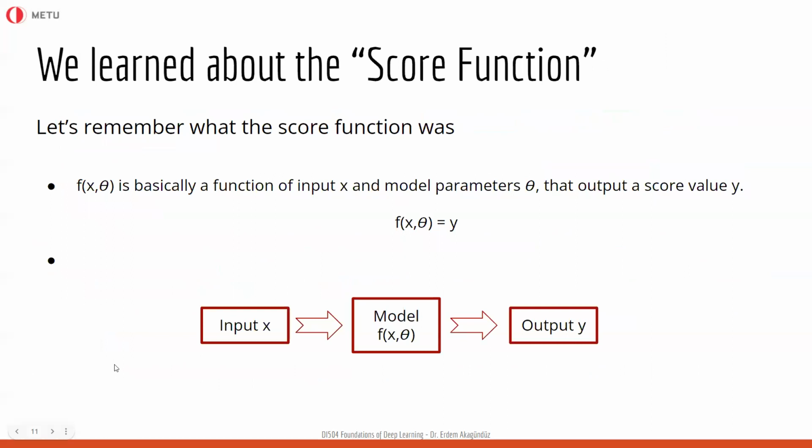At this point, when we talked about this, it was either week 2 or week 3. It was the first time we delved into the mathematics of it. And in order to delve into the mathematics of it, we defined the so-called score function. So let's remember it. This model, either a deep learning model or a machine learning model, was an input-output relation, right?